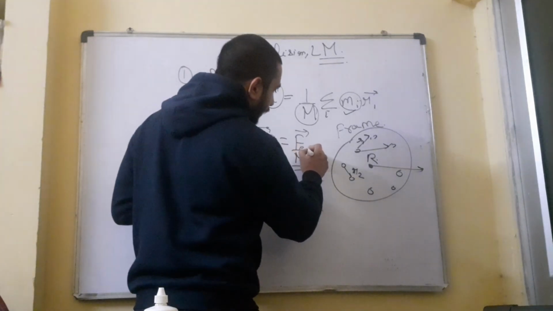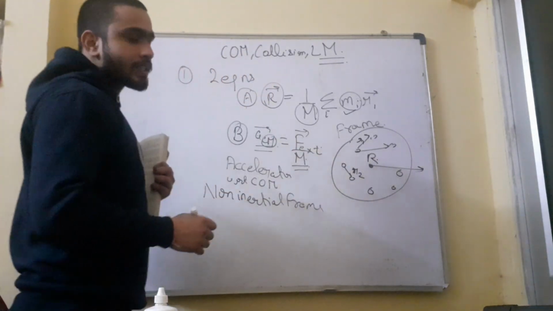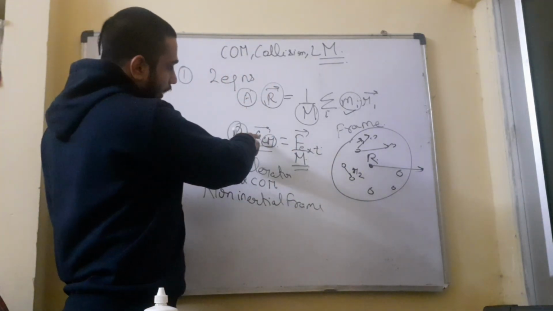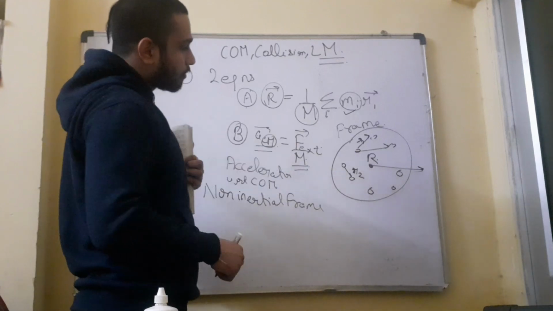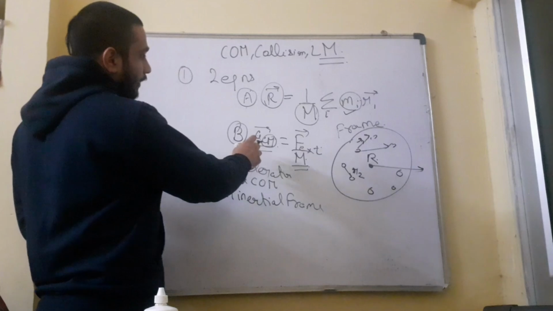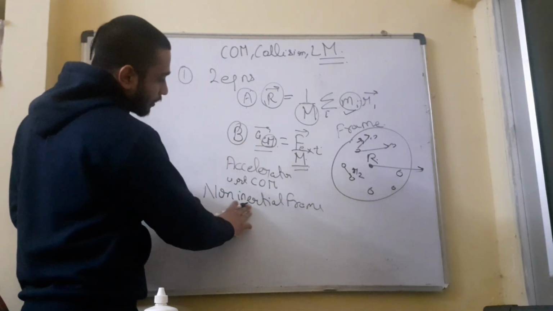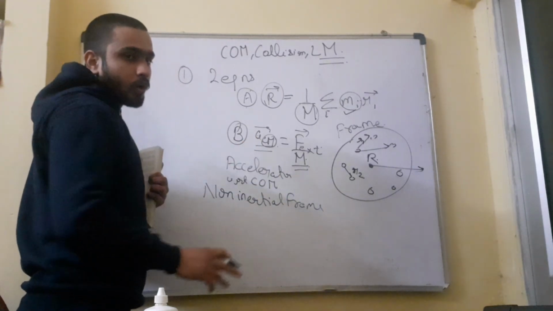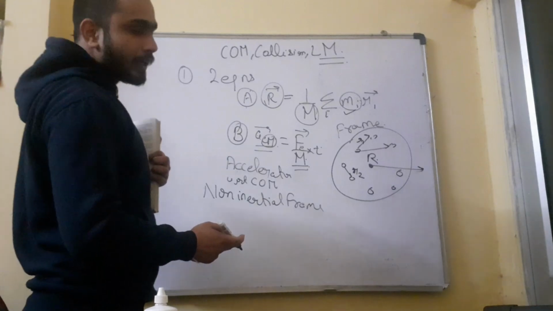So we can write it as F external upon capital M. So the acceleration vector with respect to center of mass will be F external upon capital M. We have to tell which of the following will be correct if the frame is non-inertial.